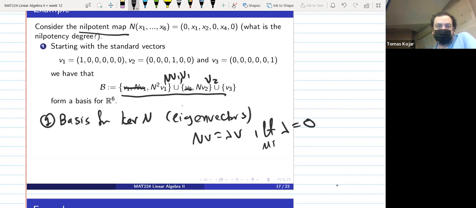Namely, you have to show the system of x1 to x6 equal to 0.